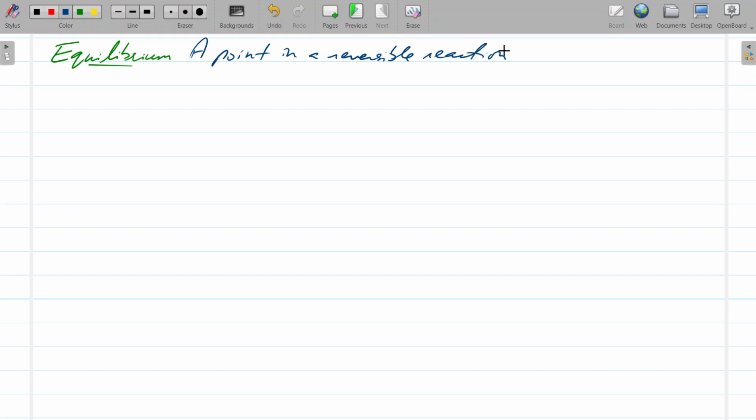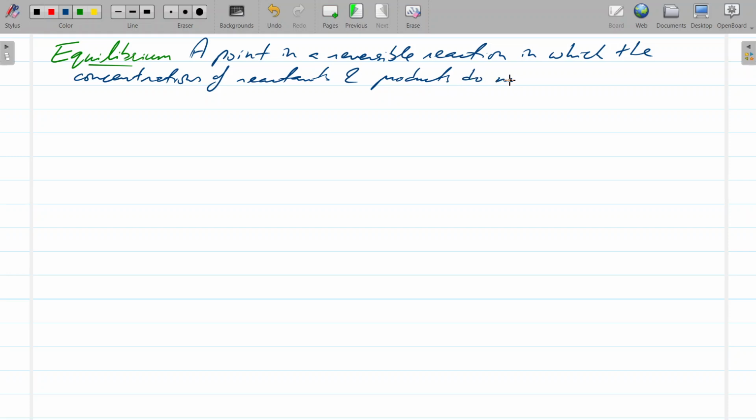We already know, in theory at least, what reversible reactions are, in which the concentrations of reactants and products do not change.